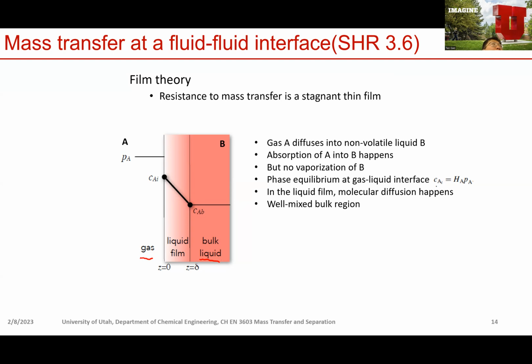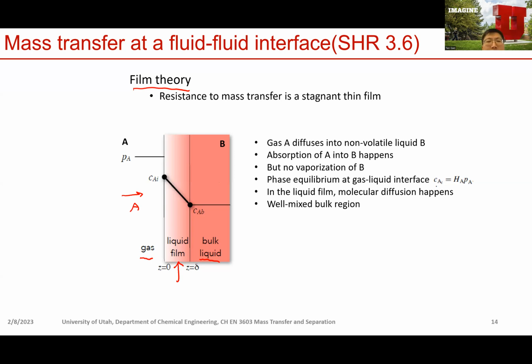Then in order to solve the mass transfer problem here, one theory is called film theory, which basically assumes there's a resistance, there's a stagnant thin film at the boundary, at the interface between the gas and liquid phase. Right? There's a stagnant liquid film at the interface, and this stagnant liquid film will pose a resistance for the mass transfer, for A to go into B or for B to come out, right?